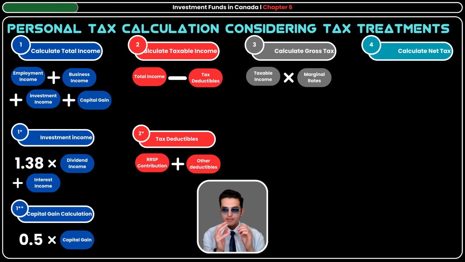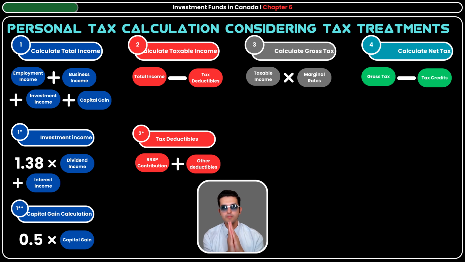Now, the CRA or government, different governments, offer tax credits to all individuals in Canada. We're going to use that tax credit to reduce the gross tax we owe to the government. So remember, there's a difference: tax deductibles reduce the taxable income, the total income that you need to pay tax on.